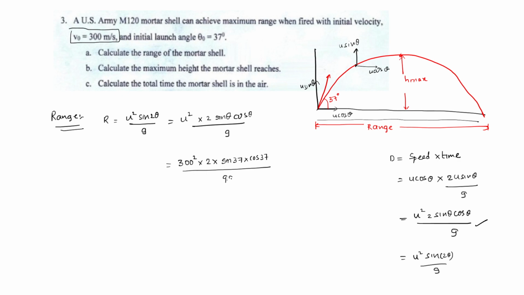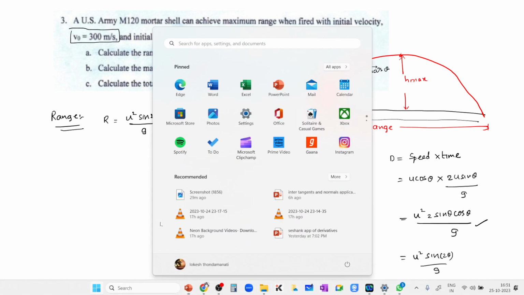So 300 times 300 times 2 into sin 37, which is approximately 3 by 5, and cos 37 is 4 by 5, by 9.81. Let me take the help of the calculator here.